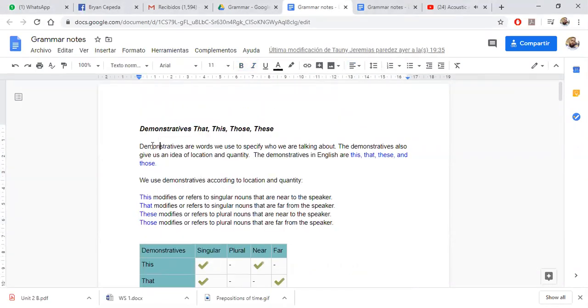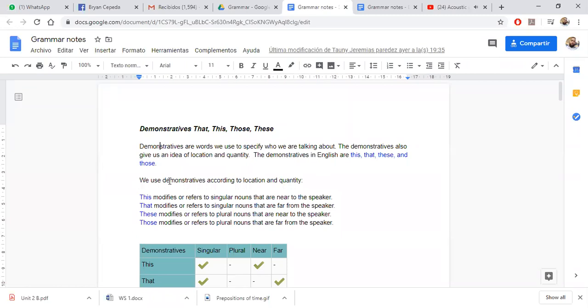Cool. So demonstratives are words we use to specify who or what we are talking about. The demonstratives also give us an idea of location and quantity. The demonstratives in English are this, that, these, and those.